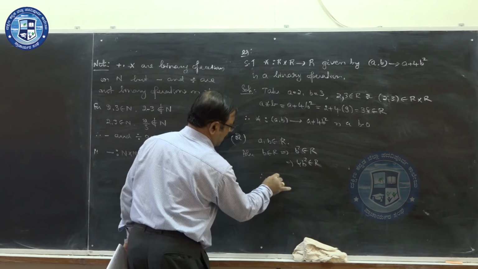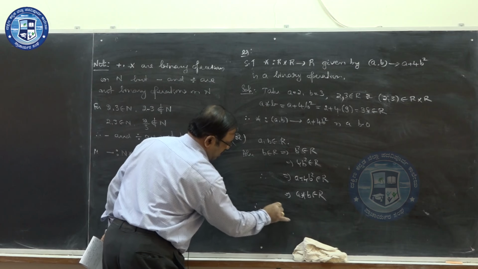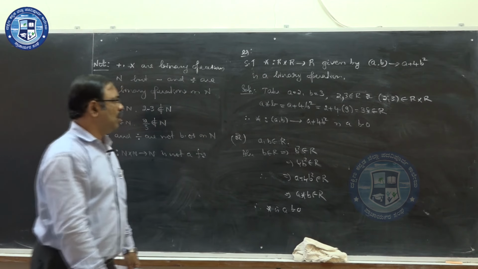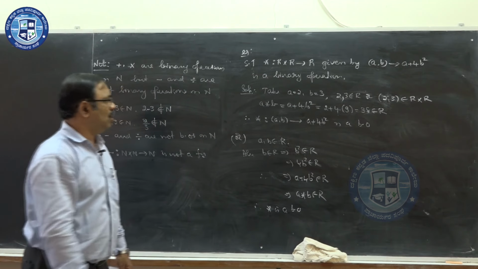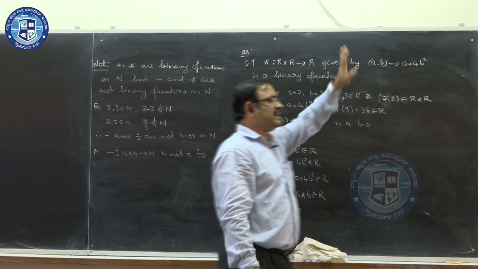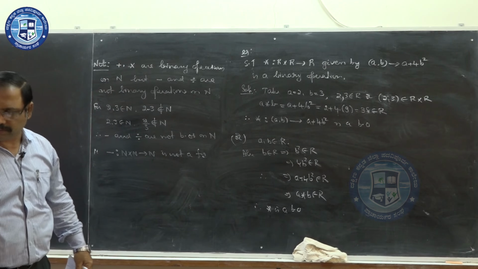Square of a real number is a real number. A real number multiplied by any real number is a real number. Sum of two real numbers is a real number. That implies A star B belongs to R. Therefore, star is a binary operation. So, the operation star given by R cross R to R is a function, and that operation given by A star B equal to A plus 4B square is a binary operation.